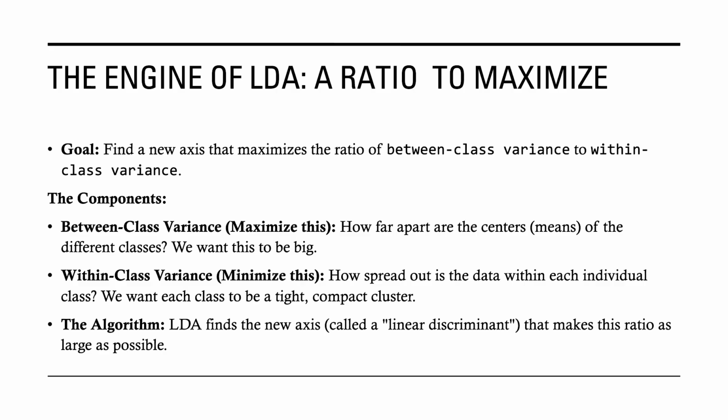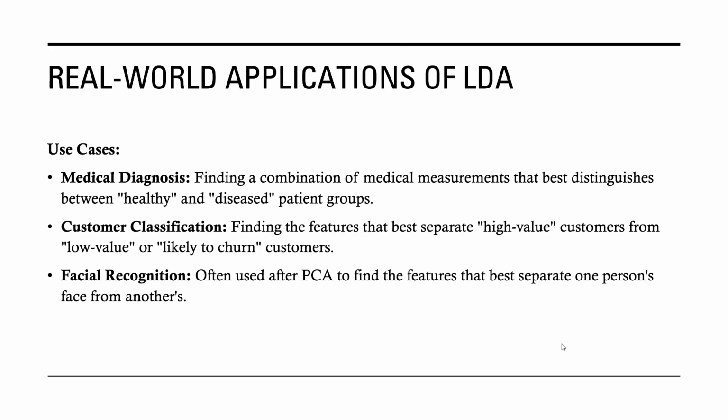This way, your clusters, or your labels, are very close to each other within a particular class, but amongst two different classes, they are spread out very wide. So how is this done? This is done through an algorithm by which LDA finds the new axis, which is called a linear discriminant, that makes this ratio as large as possible.